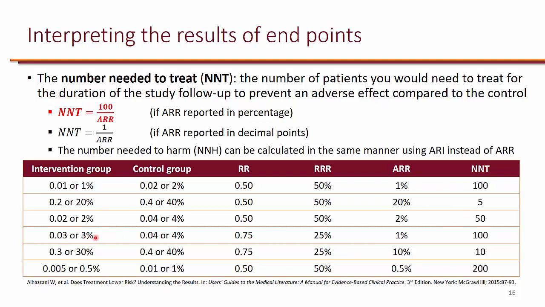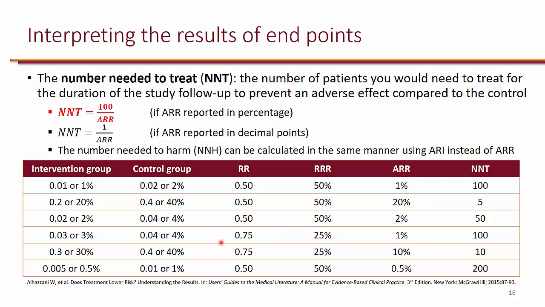Here's another example. Let's say the rate of mortality was 3% in the intervention group and 4% in the control group. Now 3 divided by 4 will give you a relative risk of 0.75, and 1 minus 0.75 is 0.25, which means there was a 25% relative risk reduction.